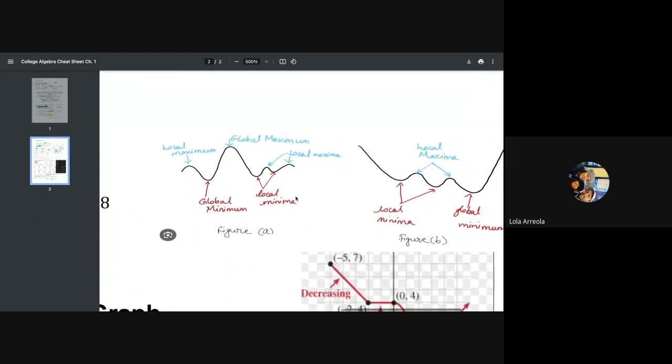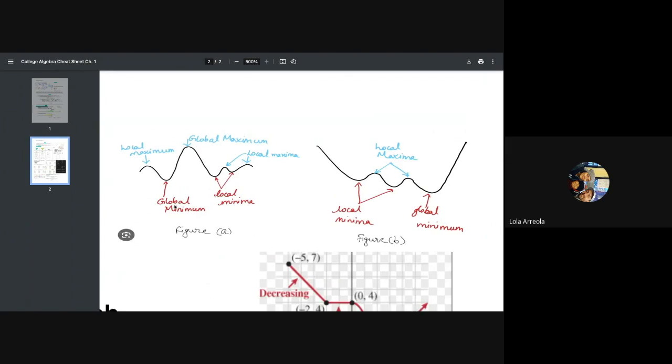Okay, what is the difference between a global or absolute, and a local? Well, global means the absolute most. So this is still a min, but this is the biggest min we see. Same here. This is still a max, kind of. It's a little hill, but this is the biggest hill we see. So it's like Mount Everest versus your local hiking spot. Same here.